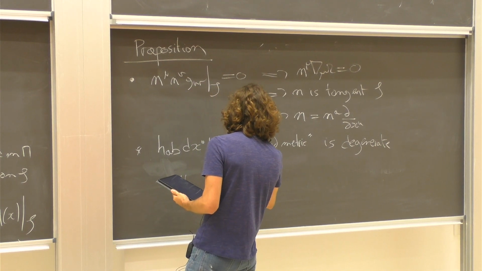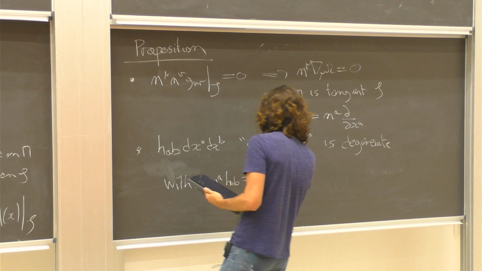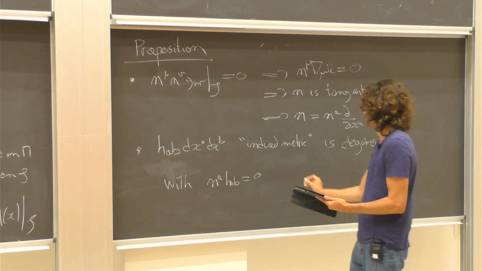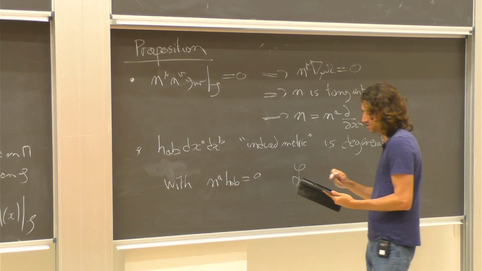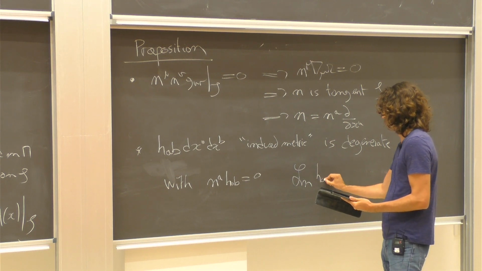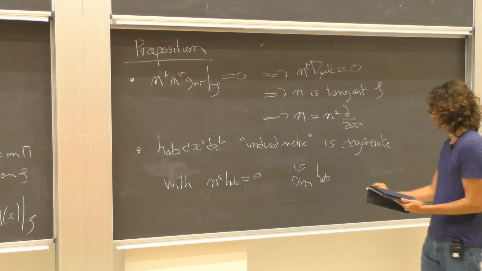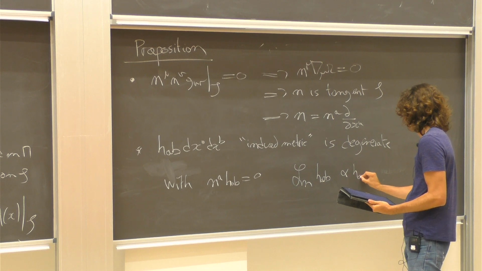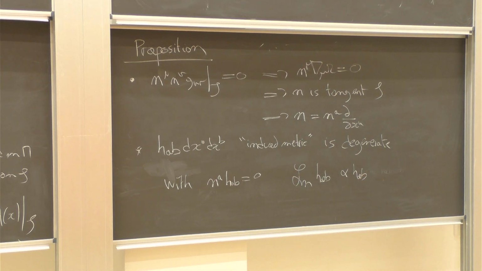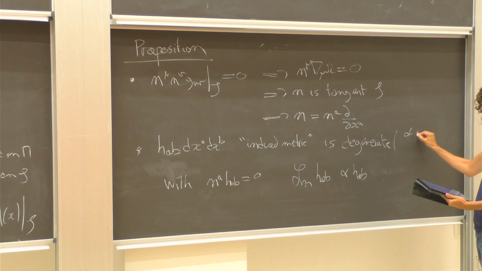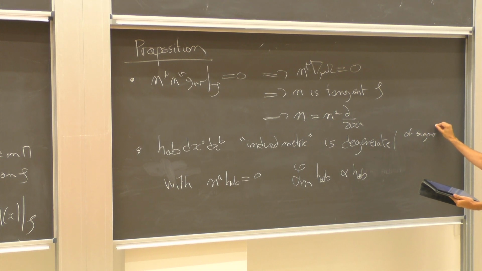When we contract the vector field in the metric, we get 0, but also the Lie derivative of the boundary metric in the n direction, in fact, is proportional to h. Okay, so it is degenerate, of signature 0 plus plus. So it's the same feature as that of scri.